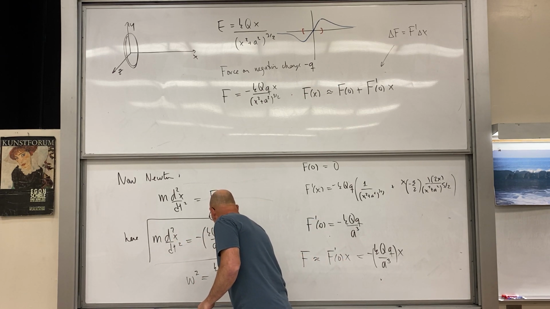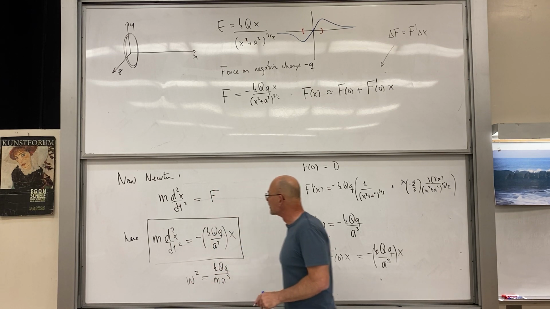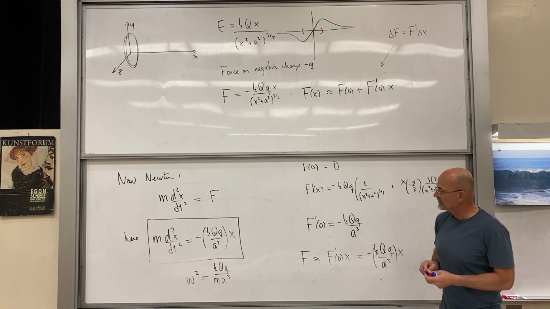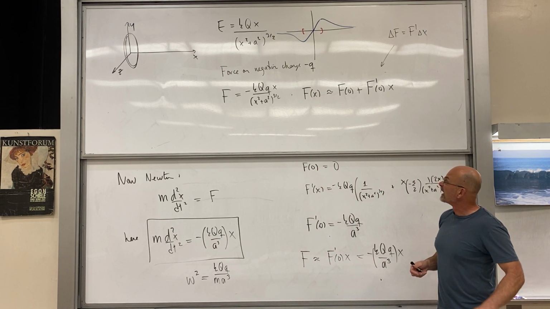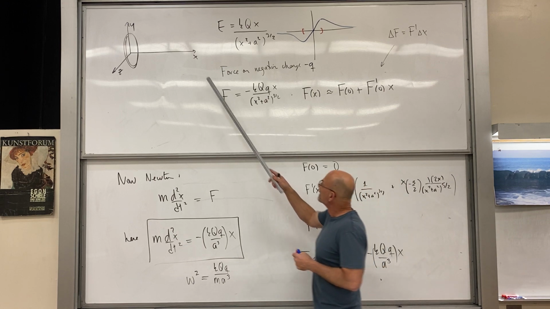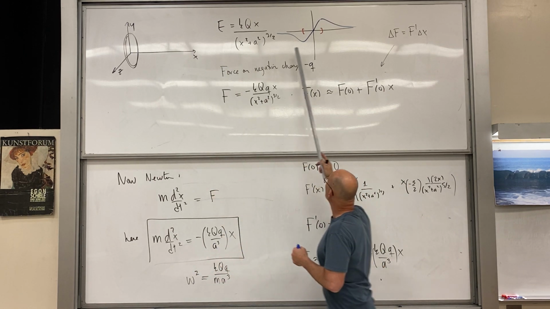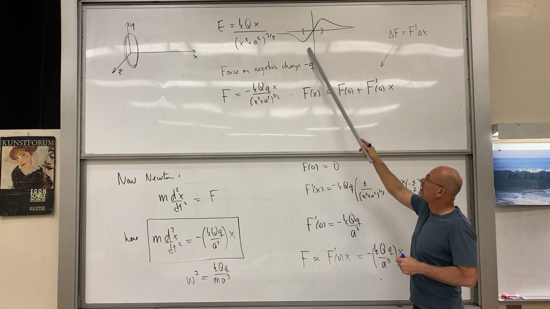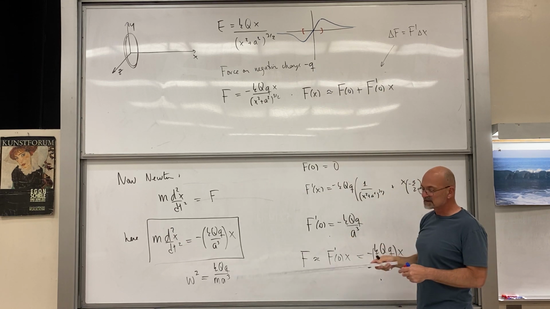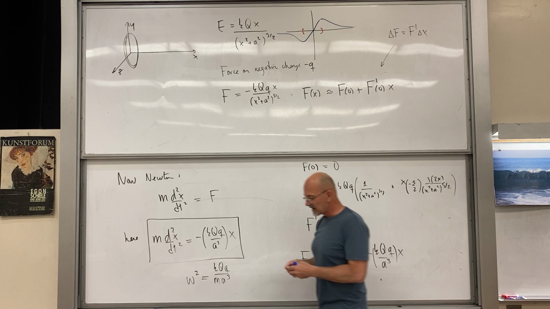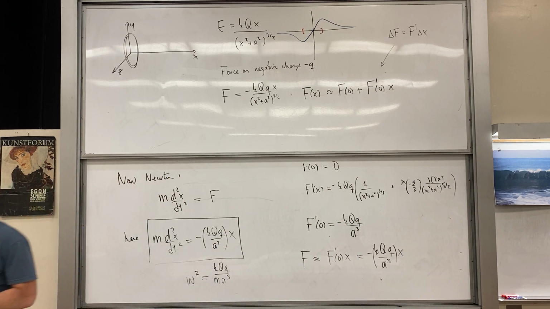So k, q, q over m, a cubed. So there's your frequency. And the situation is we've got a stable equilibrium with a linear force law, and we get harmonic oscillations. Okay, good. How long did that all take?